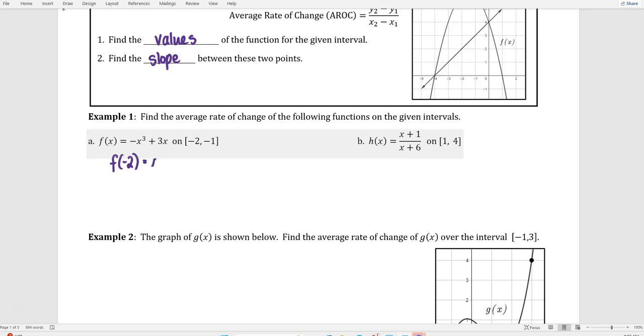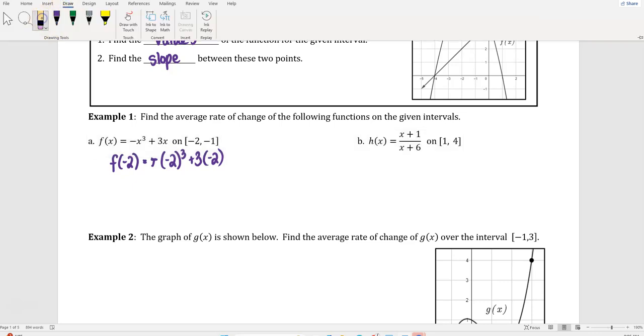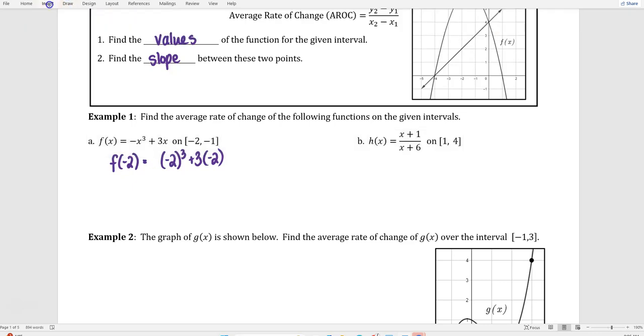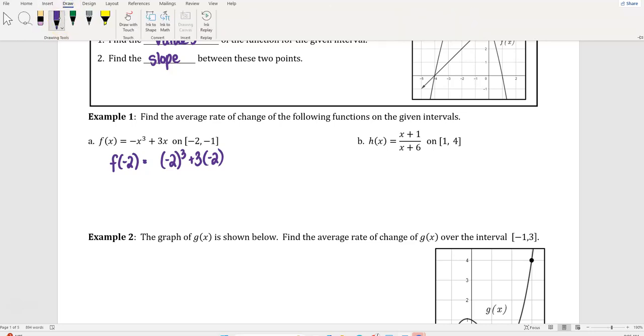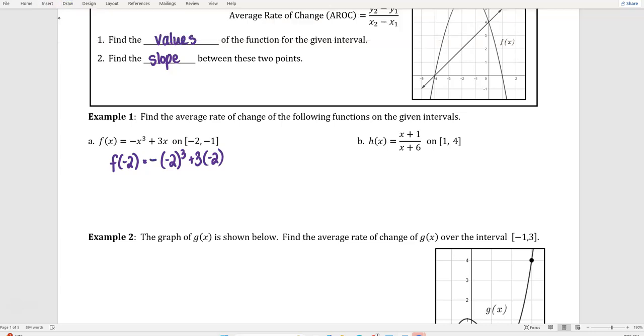And then we're going to have -2 cubed plus 3 times -2. This will be a little bit of a practice in your order of operations here. What have we got to do first? Exponents are going to come first, so we'll get, this negative right here stays. -2 to the third power is -2 times -2 times -2, which is going to give us -8.